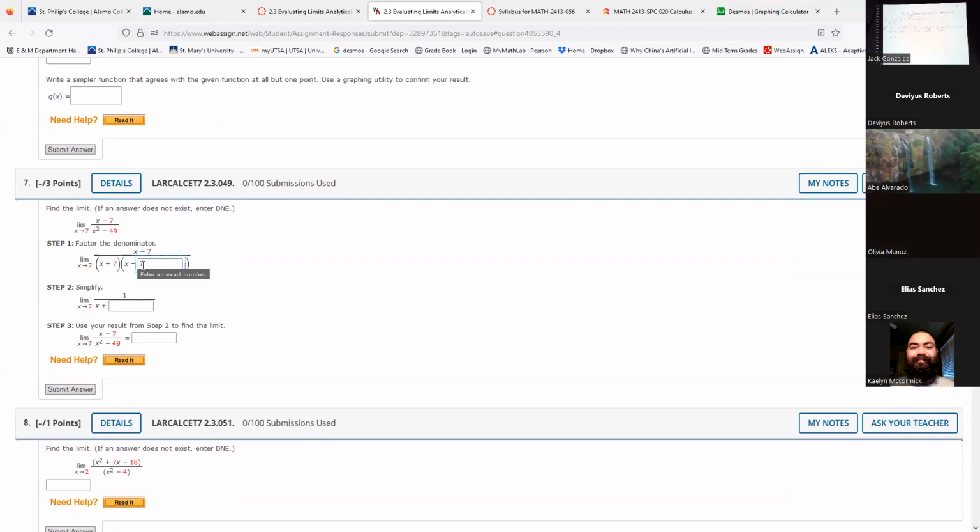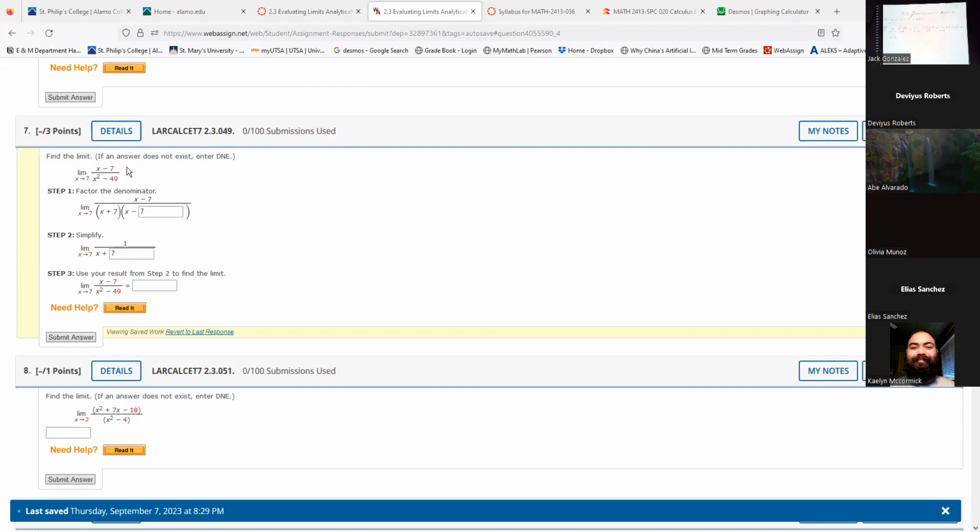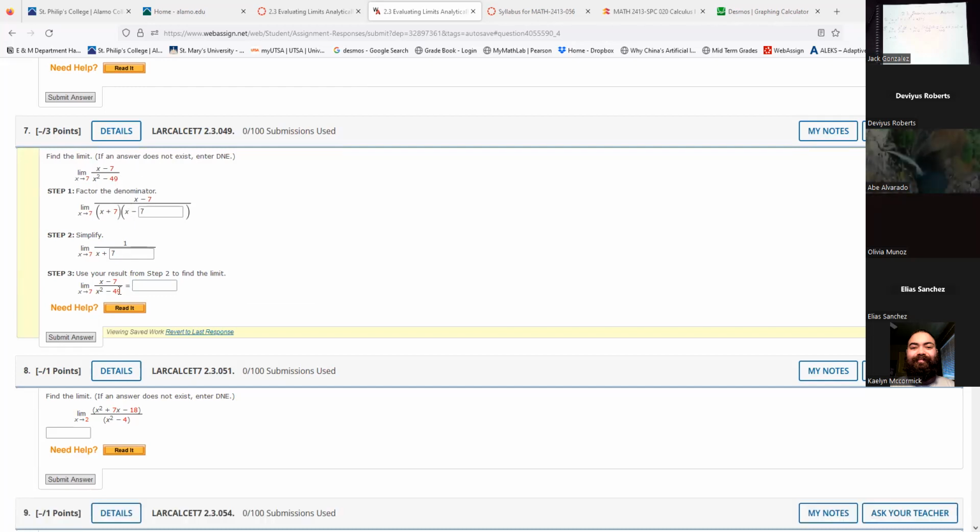These would cancel, leaving you with just the x plus 7. And then they want you to just put in the result, which is this guy, right? Now this one, it's just forcing you to go step by step to solve your answer.